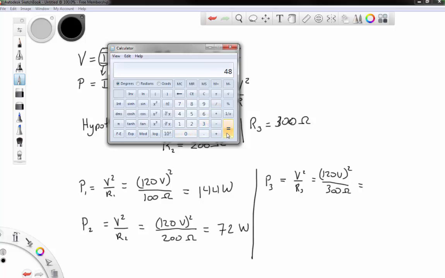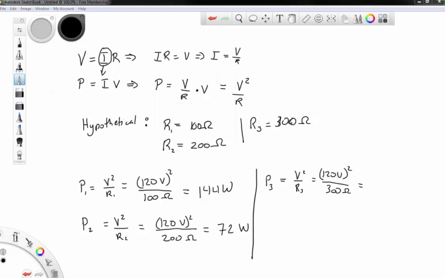Is it going to be less than 72? Oh, it is. It's 48 watts. So the pattern seems to be that a larger resistance leads to less power draw.